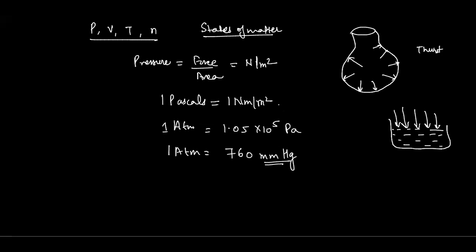So 1 atmospheric pressure is also equal to 760 mmHg, and if you divide this by 10, you will convert it into 76 centimeter Hg. Got it? Yes, sir. And here we have the value of V, that is volume. Generally these are the units of atmospheres.